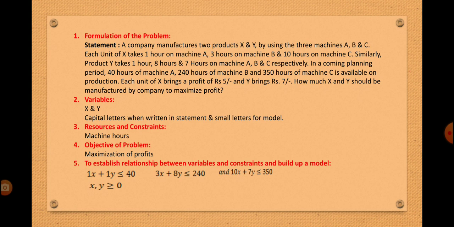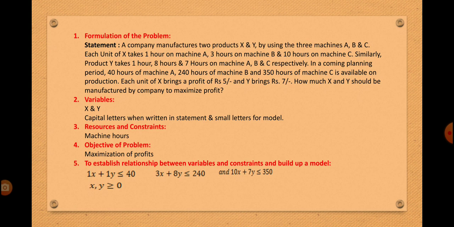In our statement, the company is manufacturing two products X and Y. These are the two variables in the problem. When they are in the problem statement, they are written in capital letters, but once they are entered in the model, small letters are used.